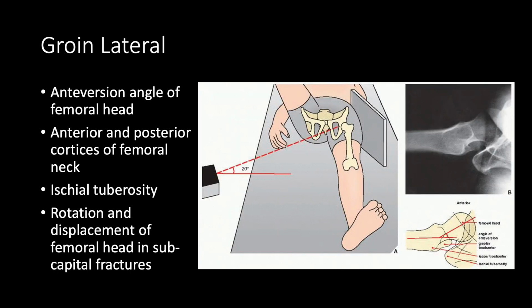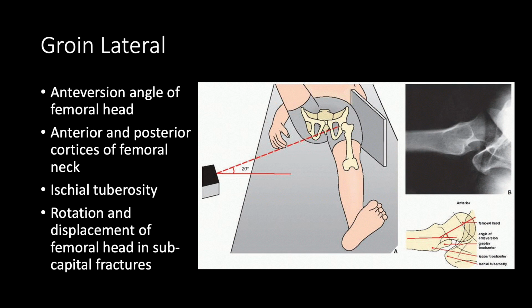You can also do a lateral view of the groin. So if you're looking for any type of things going on with the ischial tuberosity or any type of rotation, particularly displacement of the femoral head and some of these subcapital fractures, fractures just below the head of the femur, this is probably one of the better views for this.